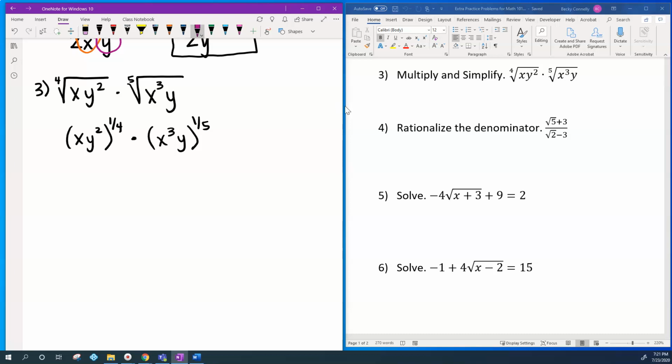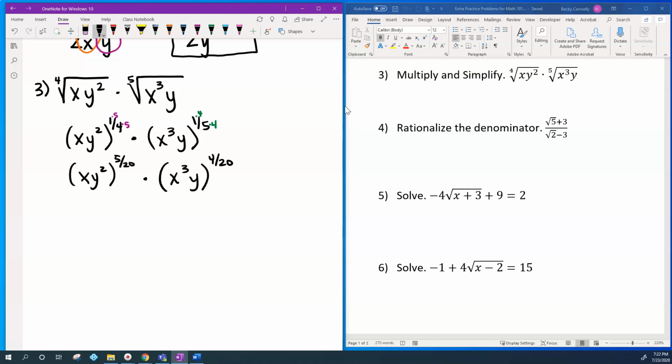So that means I'd want to multiply this one by 5 on top and bottom. And then the other one I'd want to multiply by 4 on top and bottom. Right? And so let me just write it out this way. So we really have 5 over 20 power and then 4 over 20 power.